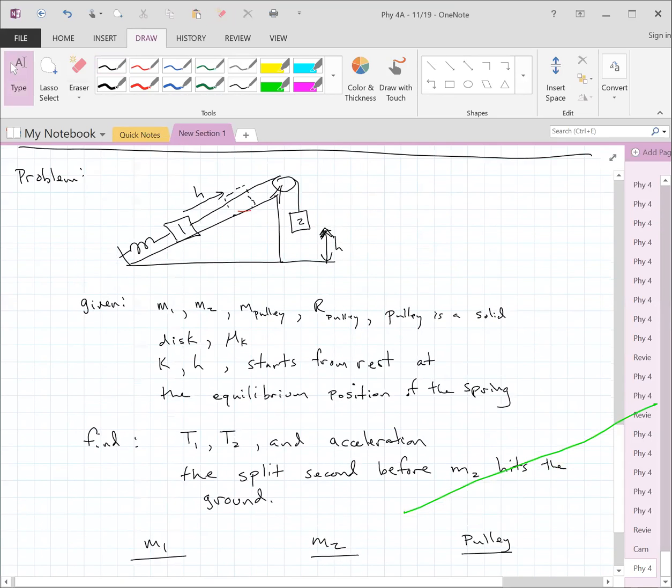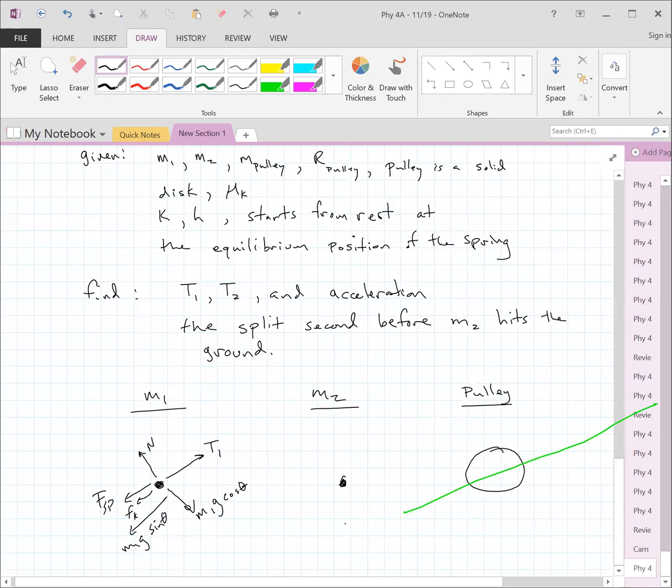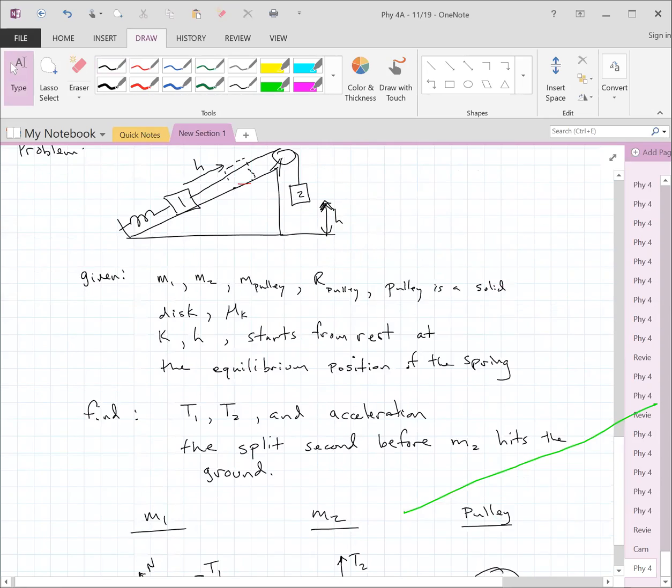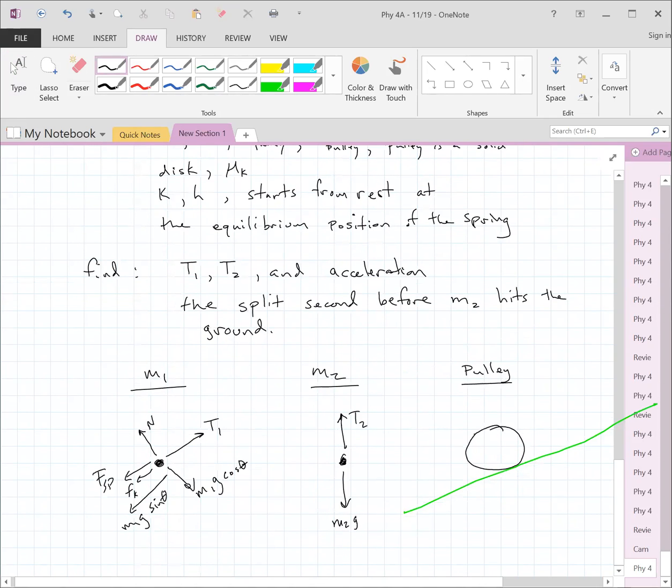Block 2 is a little easier. There's just gravity and the tension in rope 2. And our pulley has a tension pulling on it on this side. That's T1. And a tension pulling on it on this side. That's T2. It also has its own mass, right?